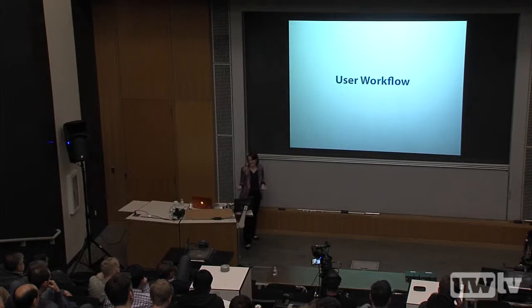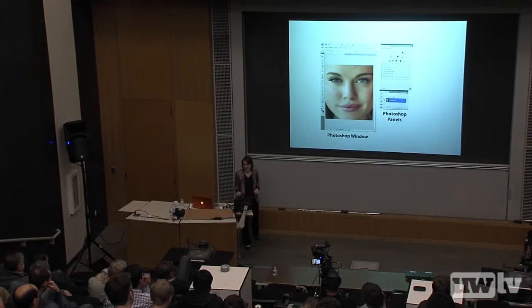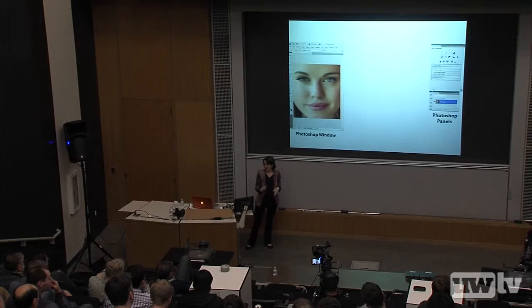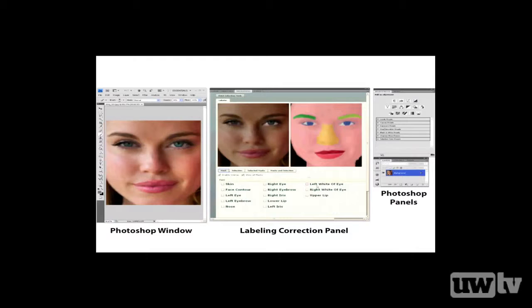I will start by showing you how people would use our system and then describe our implementation. Here we will demonstrate a lip gloss manipulation. In addition to the typical Photoshop windows and panels, we provide a labeling correction panel that lists all the facial features that were recognized by an automatic face detector.